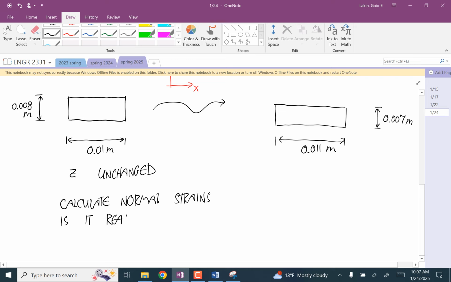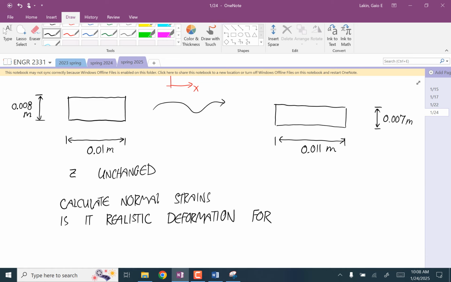And then we're going to ask ourselves, is this a realistic deformation? But Justin already ruined this part. He ruined the whole punchline of this problem. It's good for us to get used to disappointment. So is it a realistic deformation for this class?